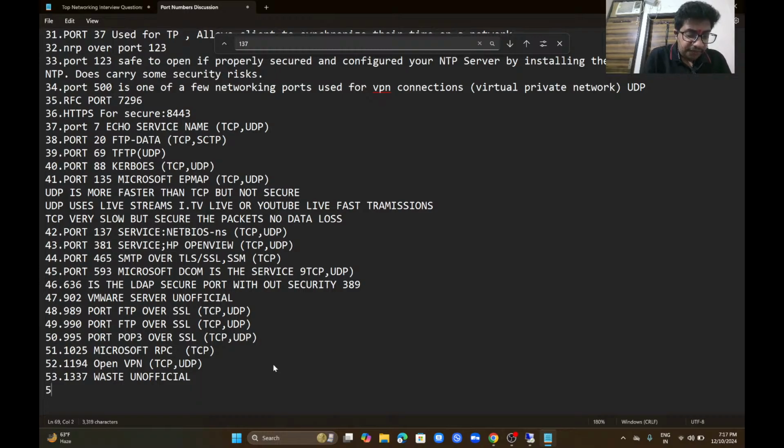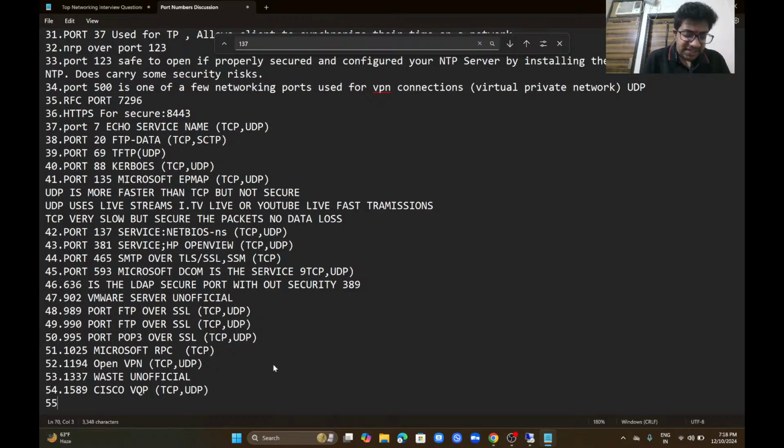Okay, and 1589 is the port, Cisco VQP, that is the service name, using TCP, UDP port.